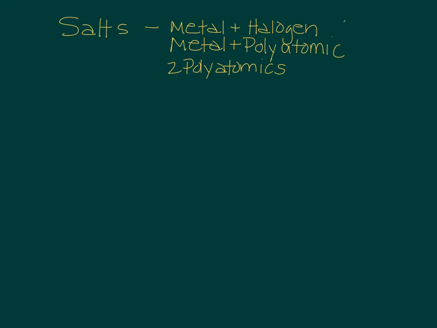So an example might be NaCl or MgCl2. For a metal and a polyatomic, MgSO4. And maybe for 2 polyatomics, NH4NO3. That could be an example.